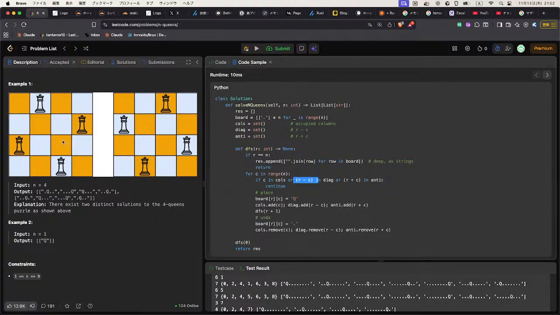Row 2, column 2. That is 0 and 4. 0 and 4. 4.